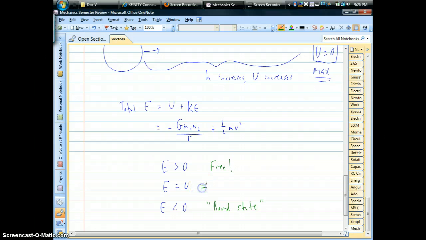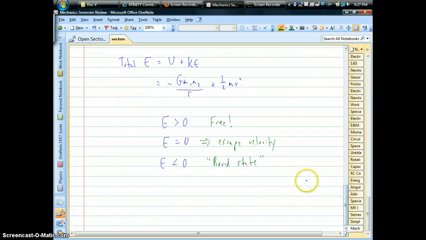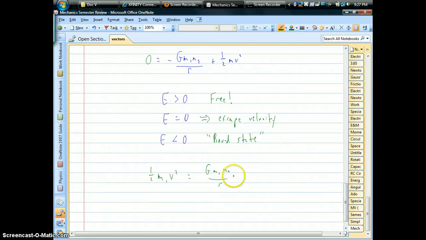The threshold is what we're going to use to find what we call the escape velocity. What's that magic speed you have to exceed to break free from gravity? So that happens if your total energy is 0, which means that your kinetic energy and potential energies are equal to each other. Okay, now let's say, in this case, for the r value, we're going to use the radius of the Earth. Let's say you want to break free from the Earth.